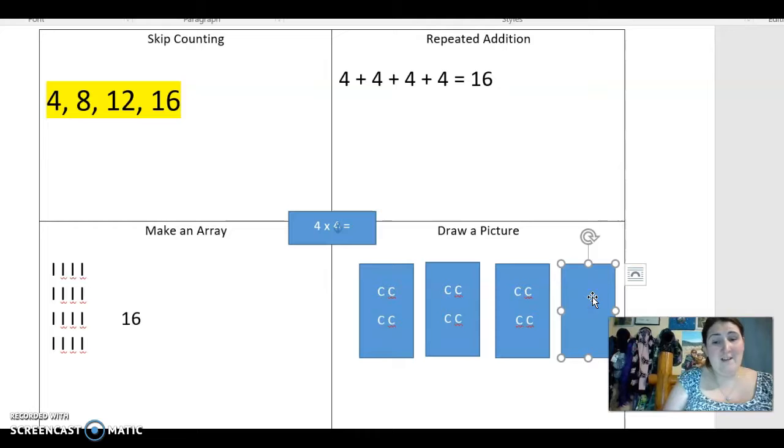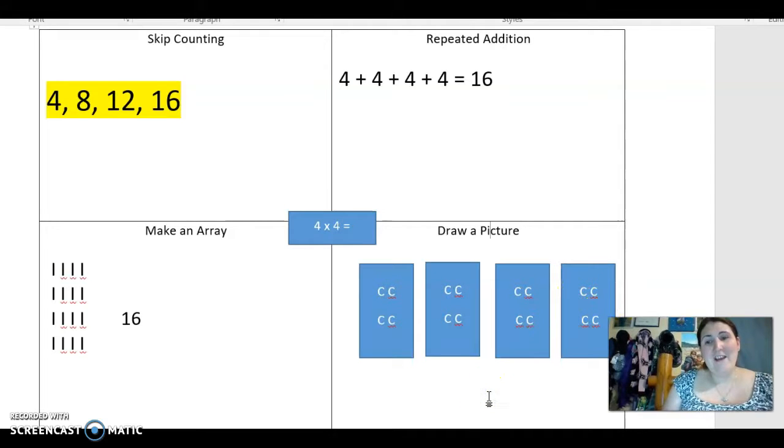And how many cookies here, boys and girls? 1, 2, 3, 4. And we just have to have an imagination and pretend those are delicious chocolate chip cookies on a beautiful plate. Let's count our cookies. Ready? 1, 2, 3, 4, 5, 6, 7, 8, 9, 10, 11, 12, 13, 14, 15, 16.